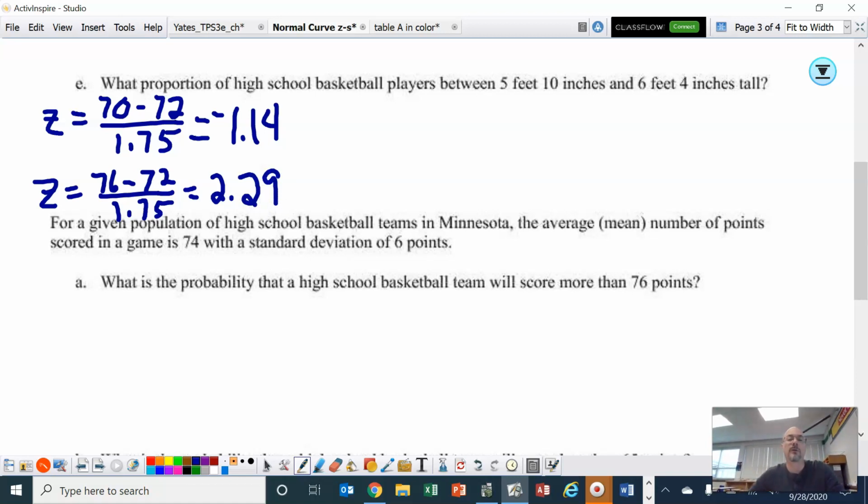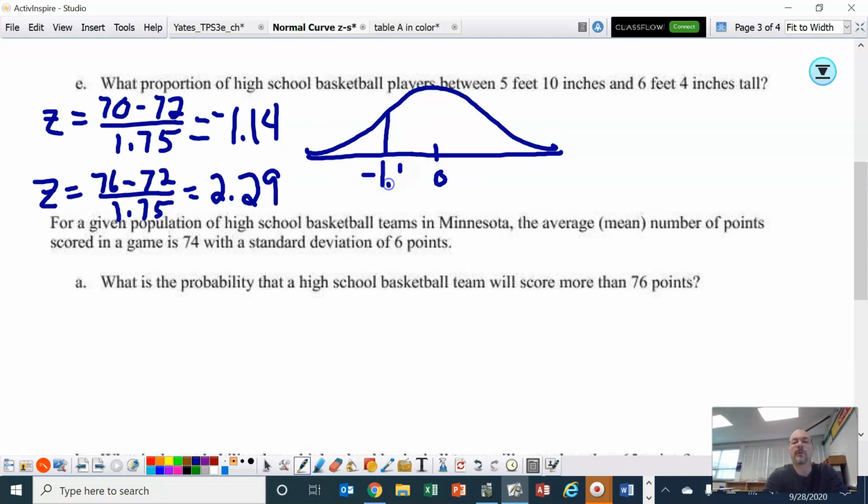All right, okay. So I'm going to make my picture. I'm just going to say this is -1.14 here, and the 2.29 is here. Okay, I'm going to shade between them.